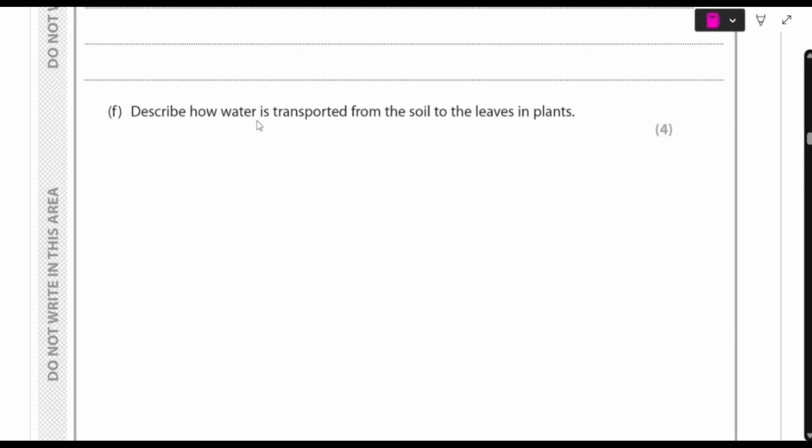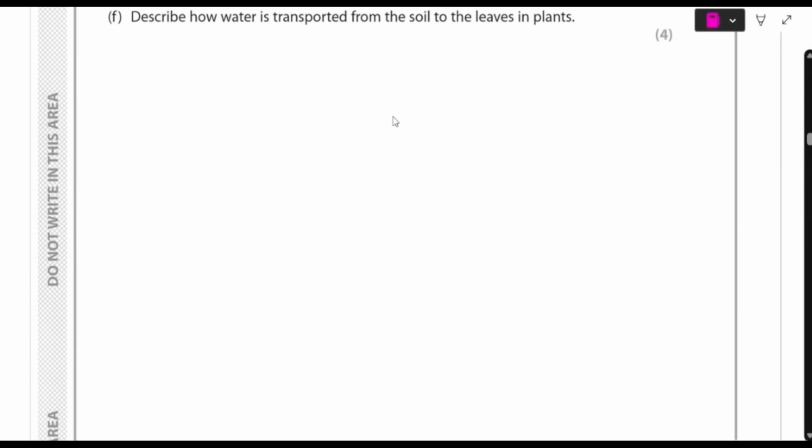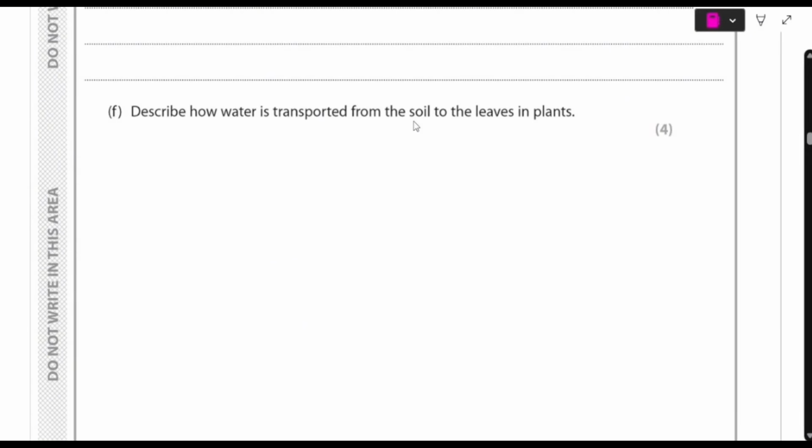Describe how water is transported from the soil to the leaves in the plant. So from the soil, that is to mark. We know in the soil we have the roots, so the water must be absorbed by the root hair cell.